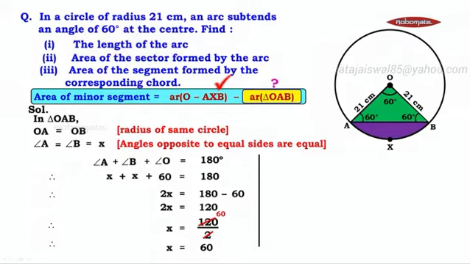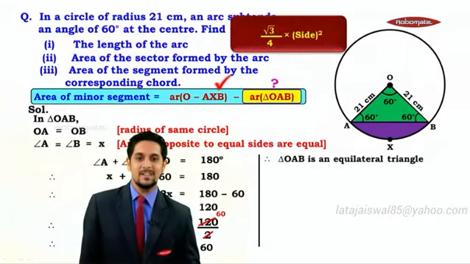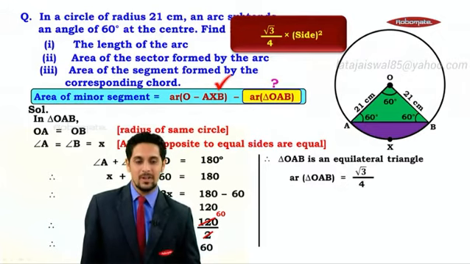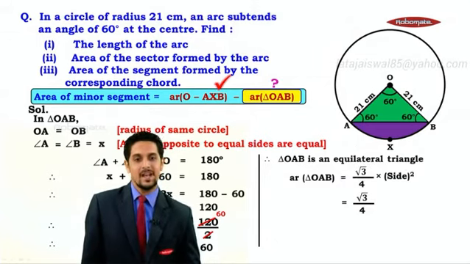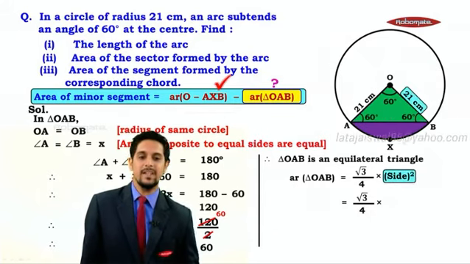So, students, tell me, what is the formula to find the area of an equilateral triangle? Yes, it is root 3 upon 4 into side square. So, we write area of triangle OAB is equal to root 3 upon 4 into the values of side square. On simplification, we have root 3 upon 4 into the side is given to be 21.